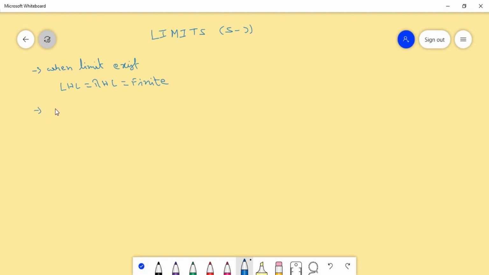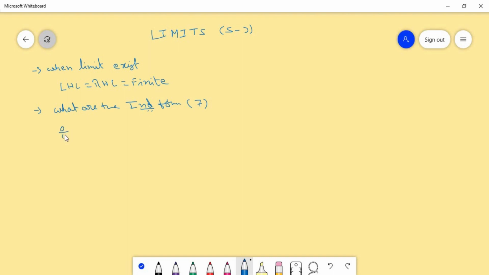Next point: what are the indeterminate forms? Those are totally 7. Already we are done. 4 are algebraic, 3 are exponential.